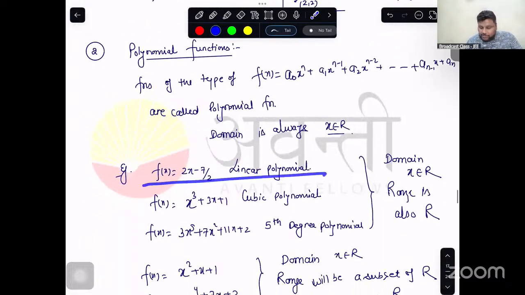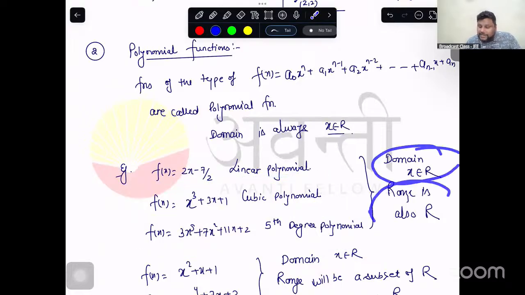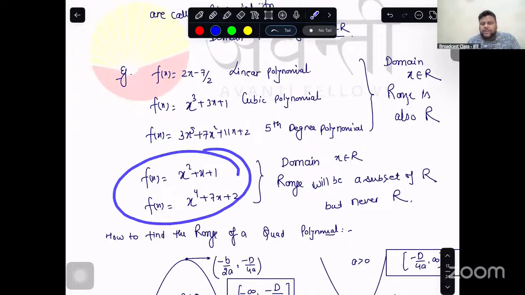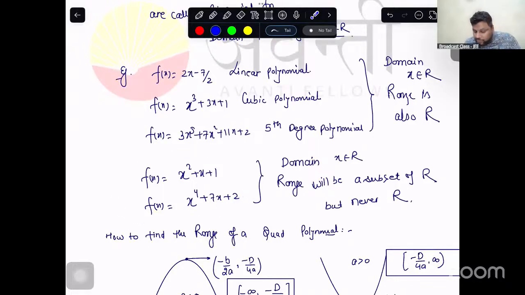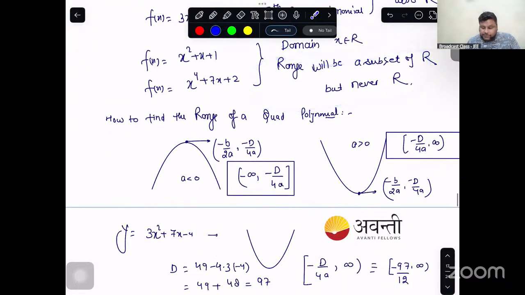Linear polynomial, cubic polynomial, fifth degree polynomial, their domain is always R, range is also always R. But for quadratic or any even degree polynomial, domain is R, but range will never be R. In case of quadratic, range is minus infinity to -D/4a, or -D/4a to infinity if it is an upward opening parabola, meaning a positive.